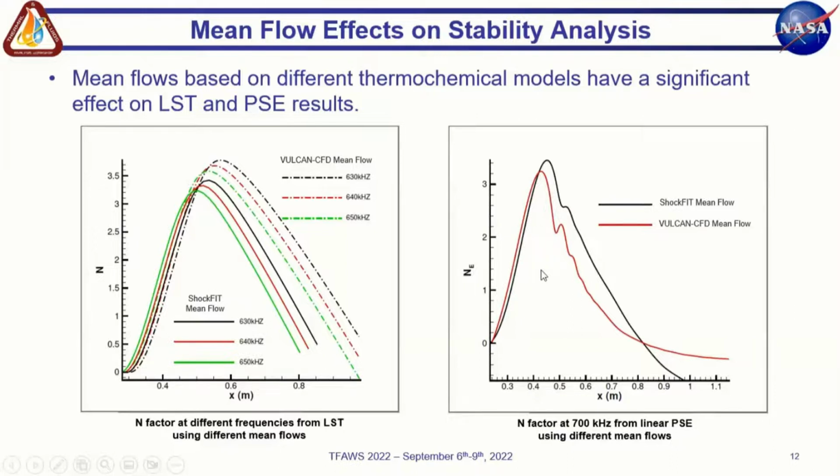So these figures show that the mean flow from the different solvers does have a significant effect on the linear stability and the PSE results.